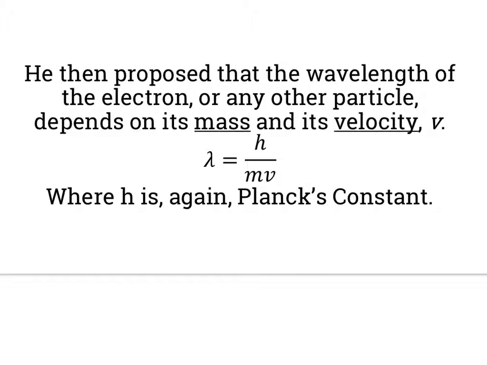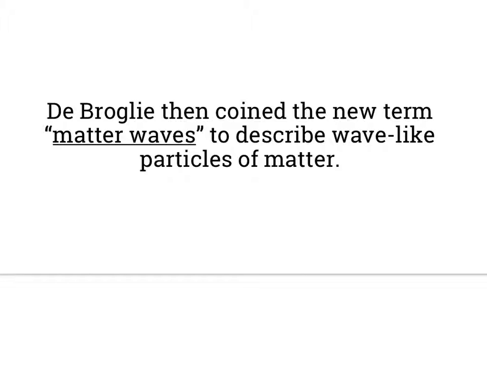He proposed that the wavelength of an electron, or really any other particle, depends on its mass and its velocity, which in physics we call the momentum, but we don't care about that right now. Here h is, again, Planck's constant. So the wavelength of really any object depends only on Planck's constant, its mass, and how fast it's moving. So let's look into that.